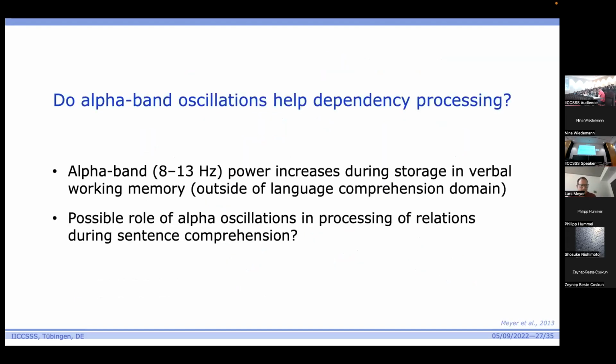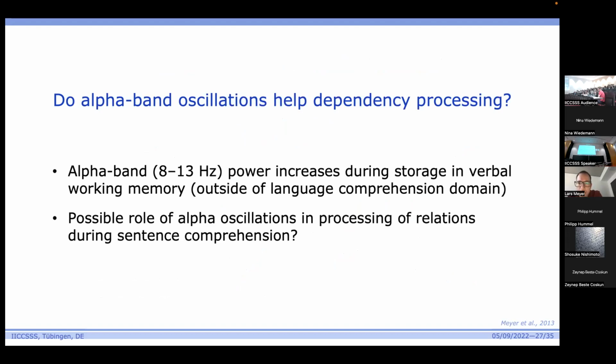So in the first study that we did on this, and this is not modeling yet, we were just taking inspiration from domains outside of language on a functional relevance of alpha band oscillations for memory. In general working memory, so you have a Sternberg task, you're supposed to remember a couple numbers, you will get an increase in alpha band power.